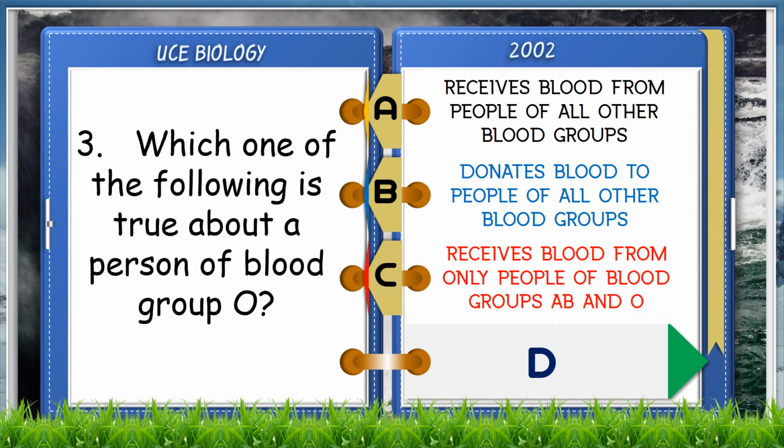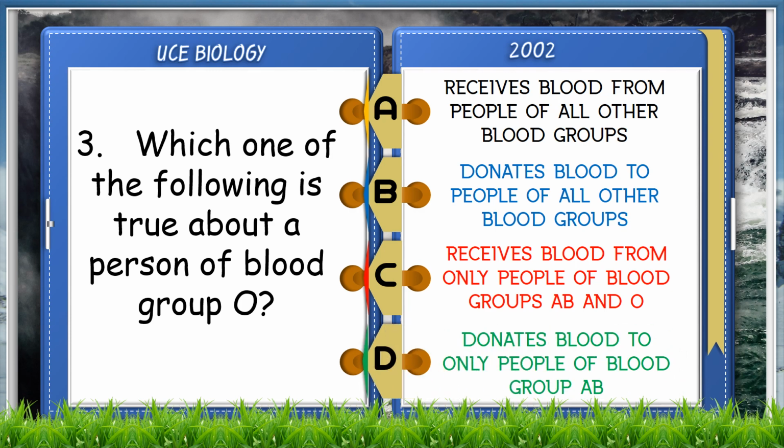C. Receives blood from only people of blood group A, B, and O. D. Donates blood to only people of blood group A, B. The answer is B. Donates blood to people of all other blood groups.